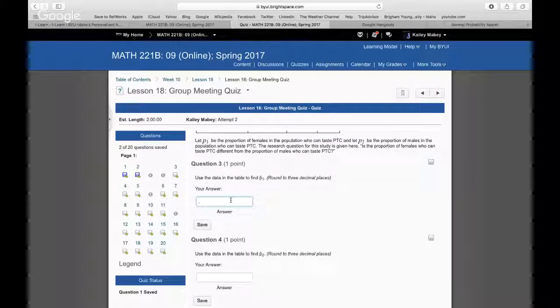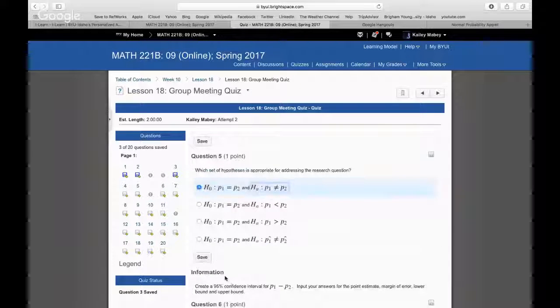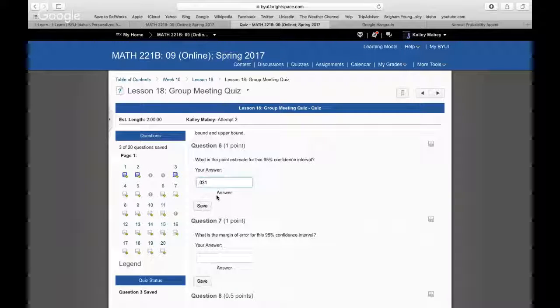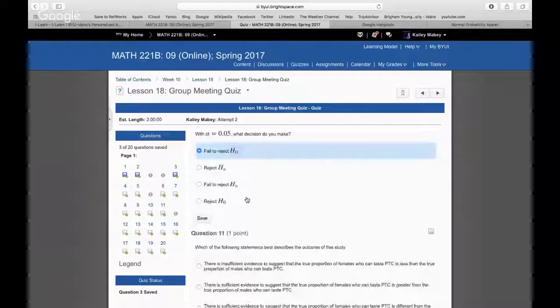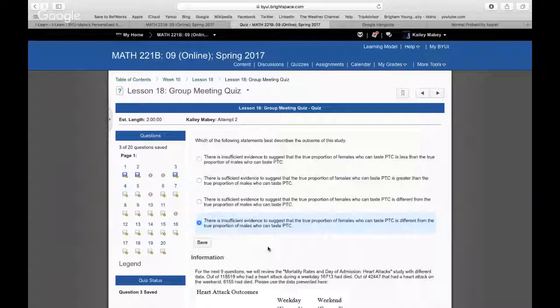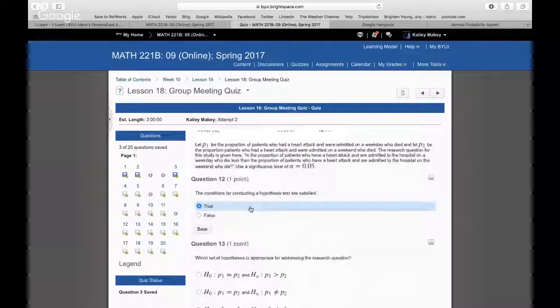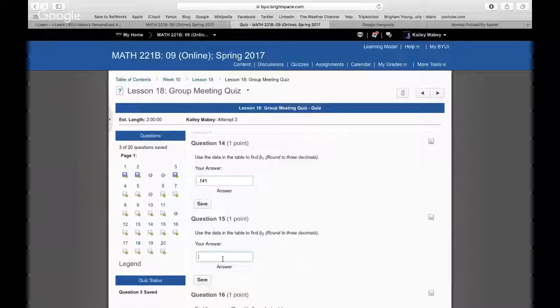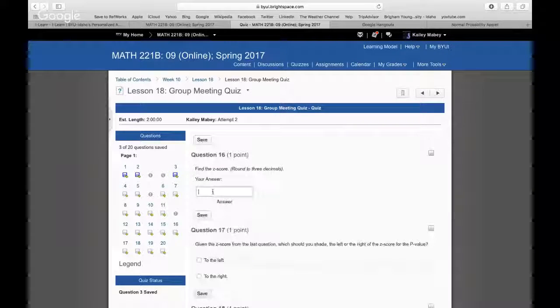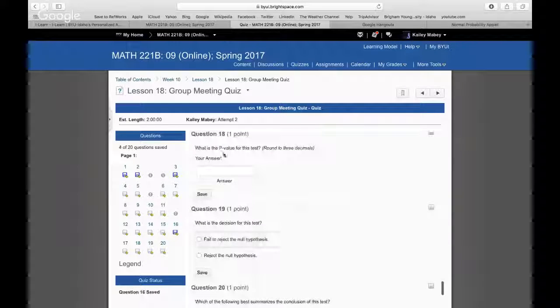It's going to be 0.743, 0.712, A, 0.031, 0.154, negative 0.123, 0.185, A, B, true, D, 0.141, 0.145, negative 2.023, to the left, 0.0215.